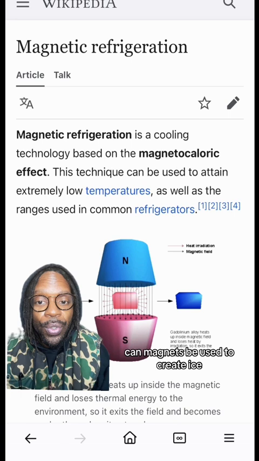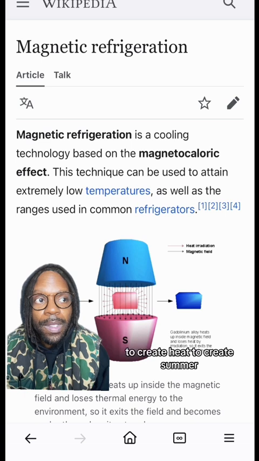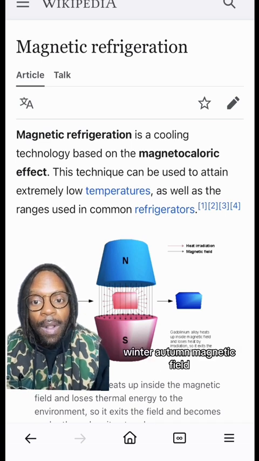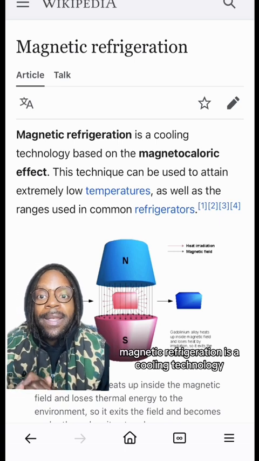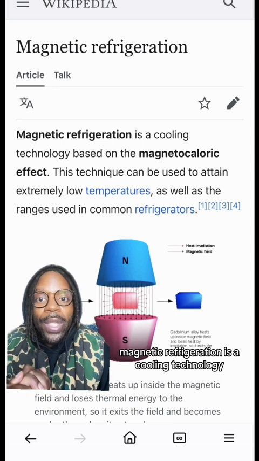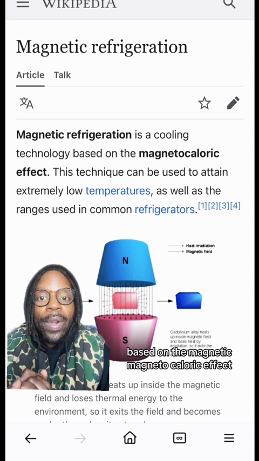Can magnets be used to create ice? To create heat, to create summer, winter, autumn, with a magnetic field. Magnetic refrigeration is a cooling technology based on the magnetocaloric effect.